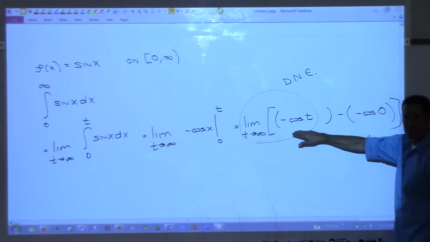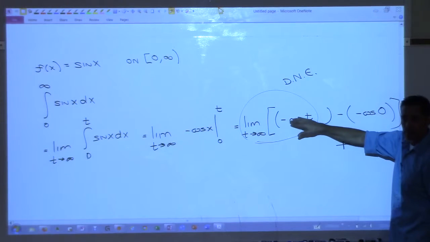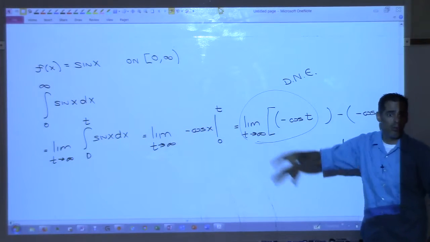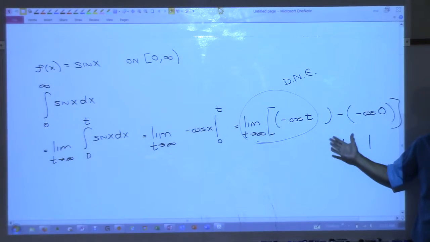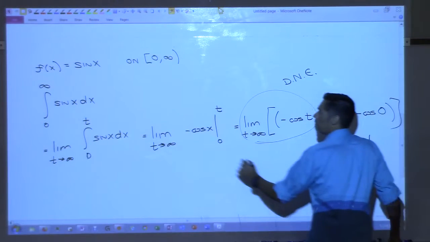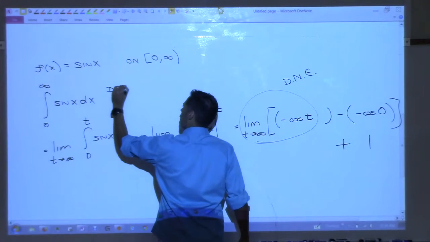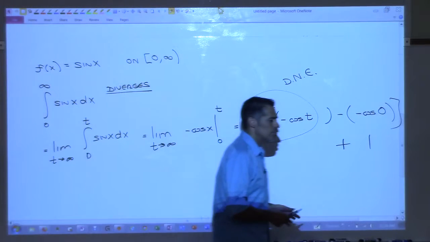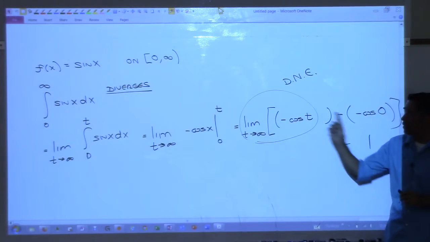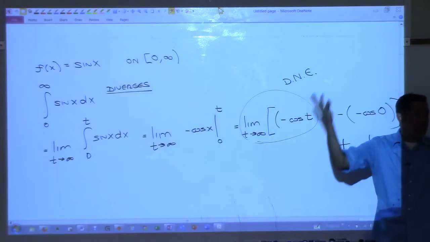If the limit doesn't exist, then this integral doesn't have a number it's headed towards. So we would say in this case, this integral diverges. The problem with the word diverges is most students think the word diverges for an integral means that it becomes infinite.